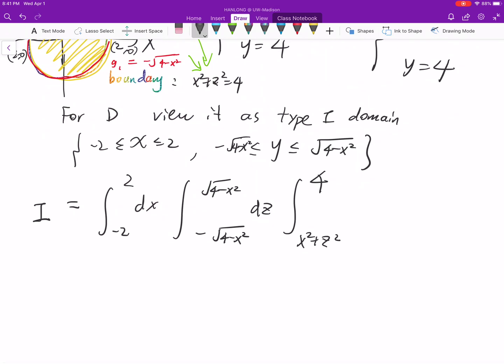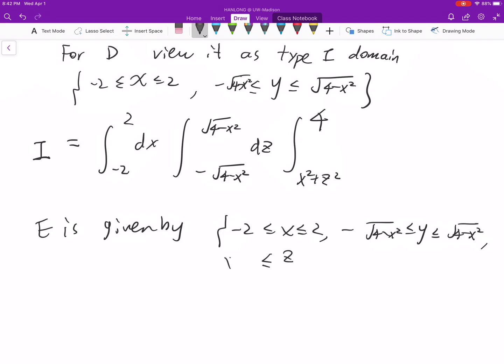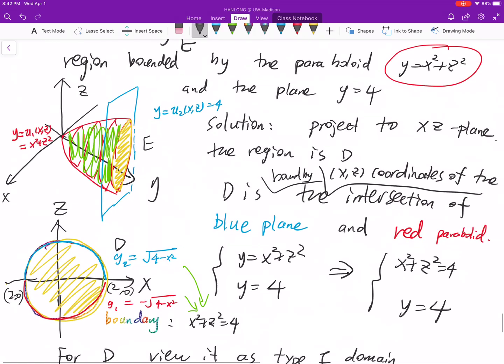So E is given by the following. For the xz coordinates, we just copy from D, and for the y coordinate, we derive from this and this.